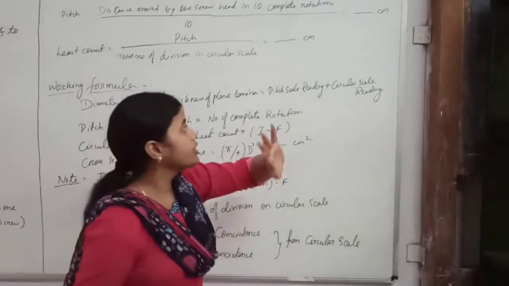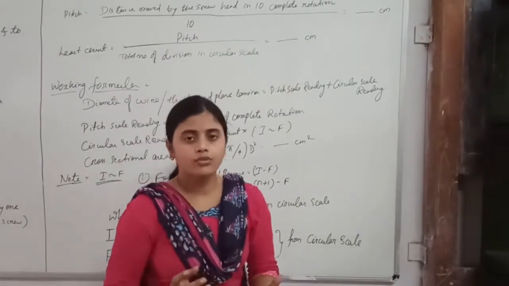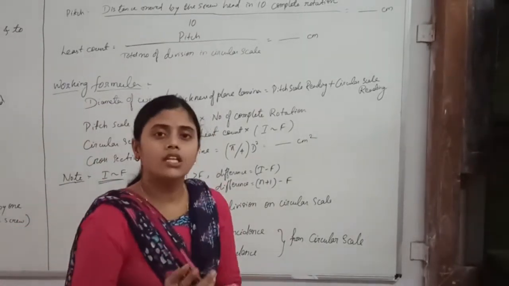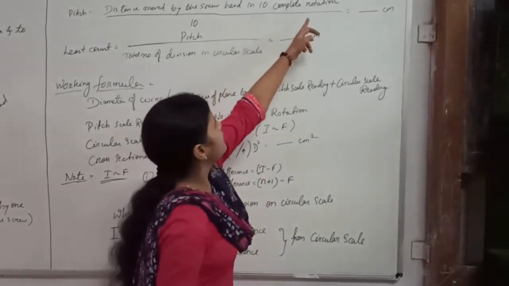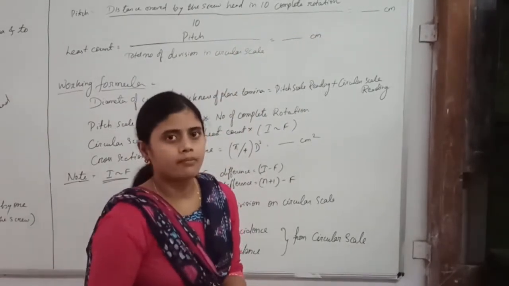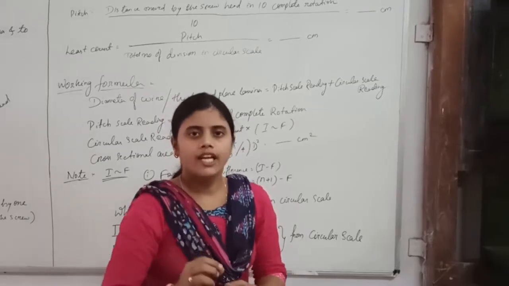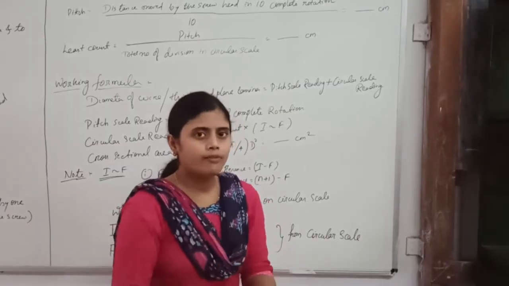Students, don't get confused by this definition, because I have told you it is the distance covered by the circular scale for one complete rotation. Here I have written 10 complete rotations divided by 10. Both are the same, and both will give you the same value.